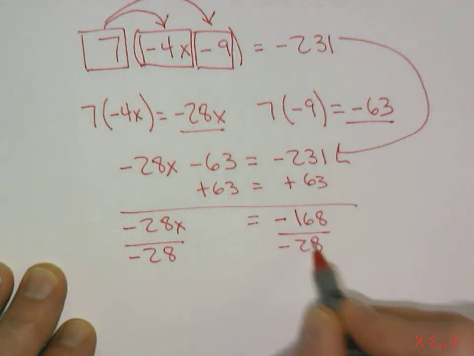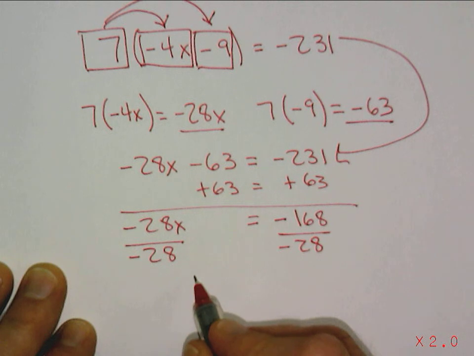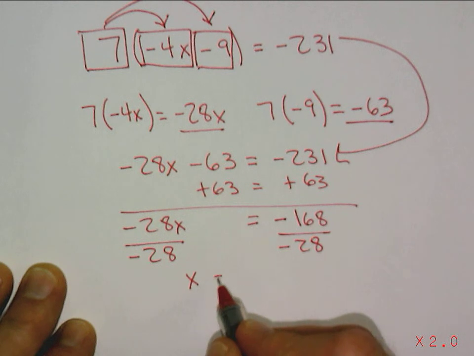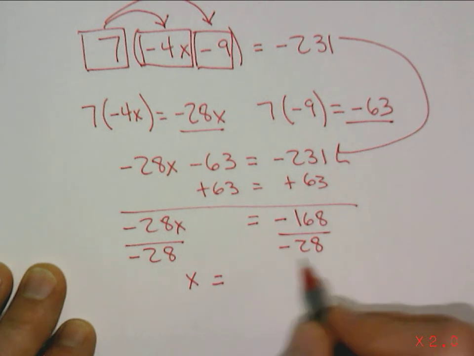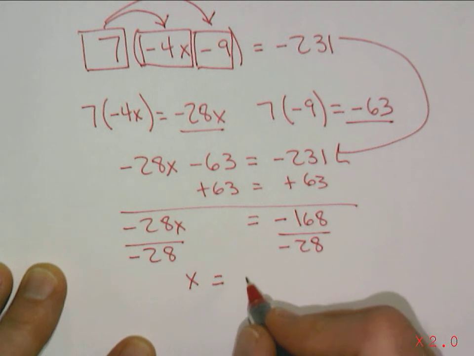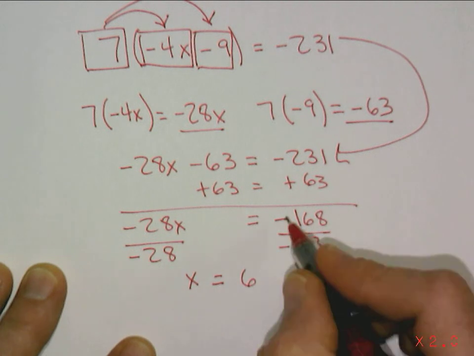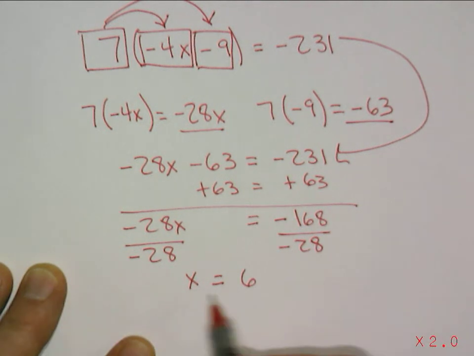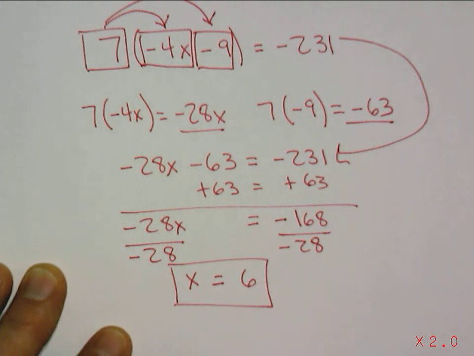So if I divide both sides by negative 28, then I get x equals, this actually goes in 6 times. And because it's a negative divided by a negative, it's a positive 6. And there you have it. And that's how you take care of equations with parentheses.